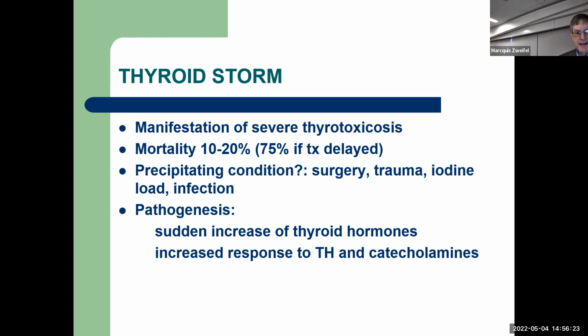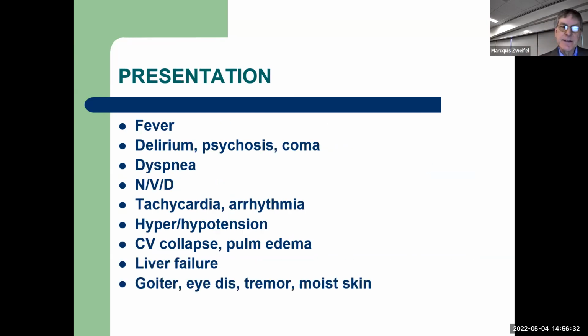So, and it's a sudden release of thyroid hormone and catecholamines that just overwhelm the body. And it's serious. Again, fever, delirium, altered mental status, tachycardia, arrhythmia, hyper or hypotension, and liver failure, and you'll see the eye disease in some of the patients.